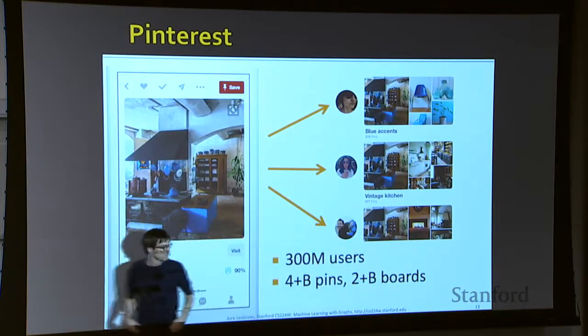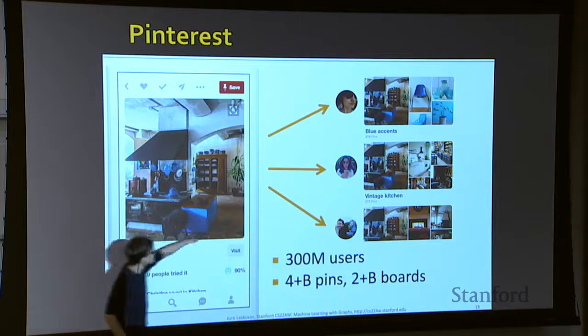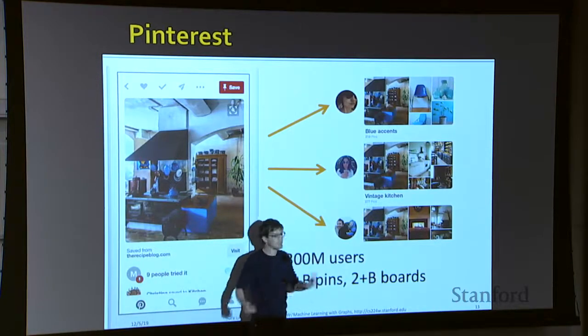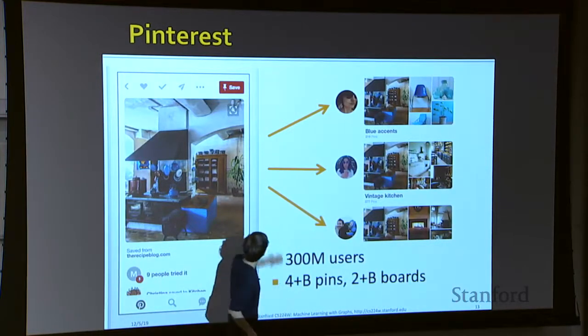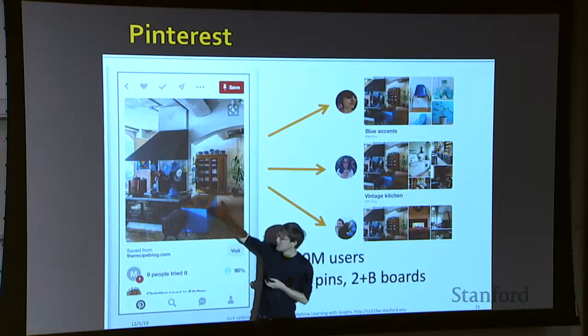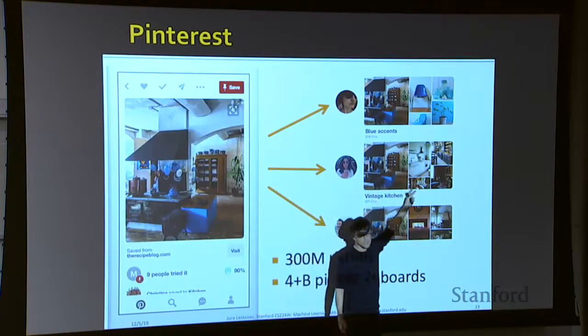The beauty of Pinterest is that the same image can be saved by different users into different collections. For example, this particular person could take this image and save it into the vintage kitchens collection they just created.